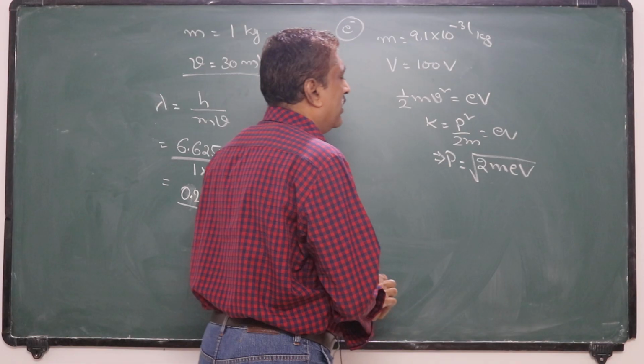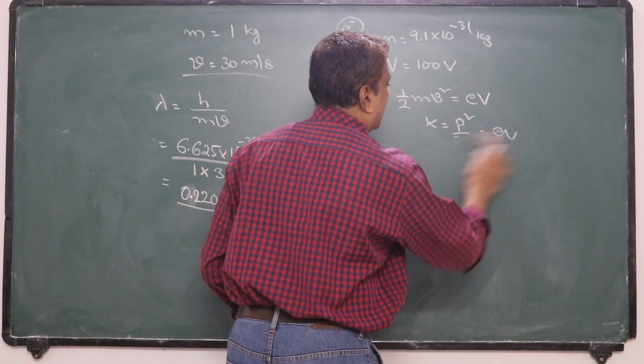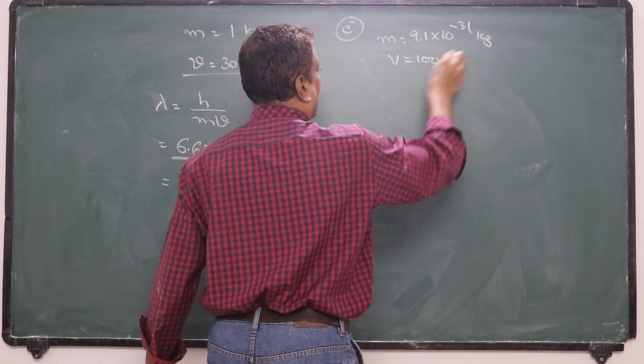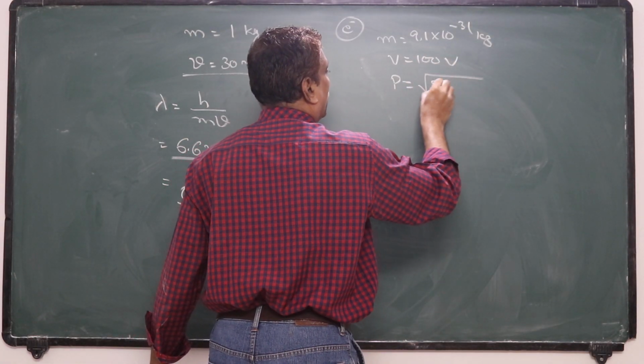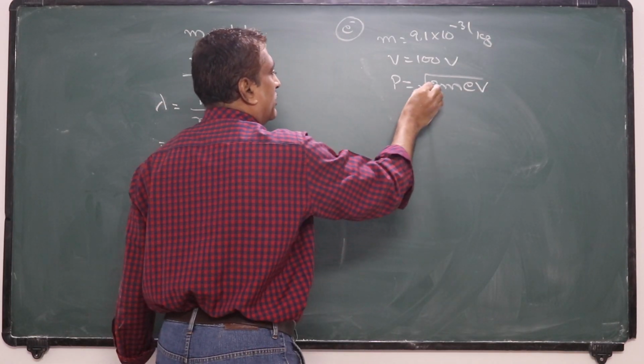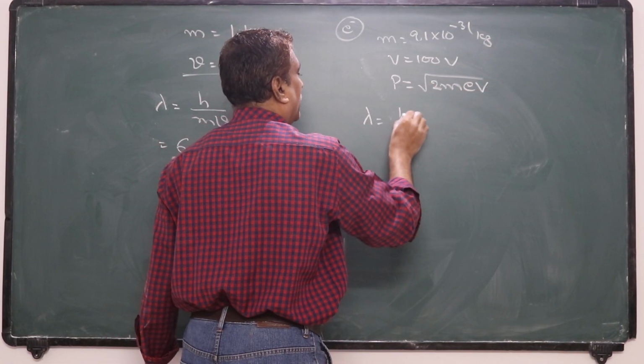Now we substitute this equation. Taking the potential as 100 volt, and p equal to the square root of 2m into eV, we substitute in lambda equals h by p.